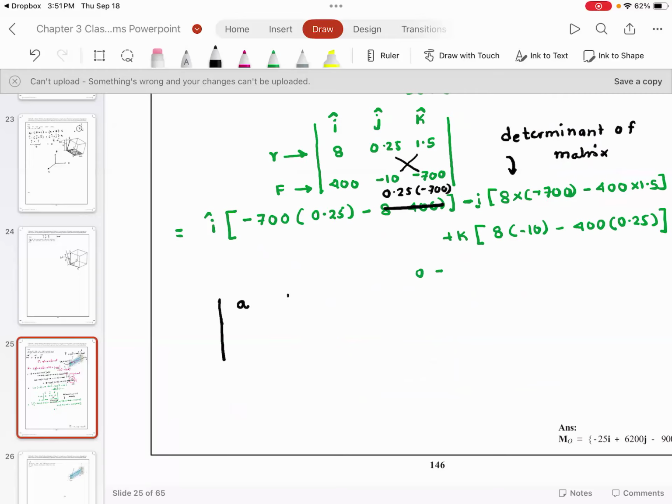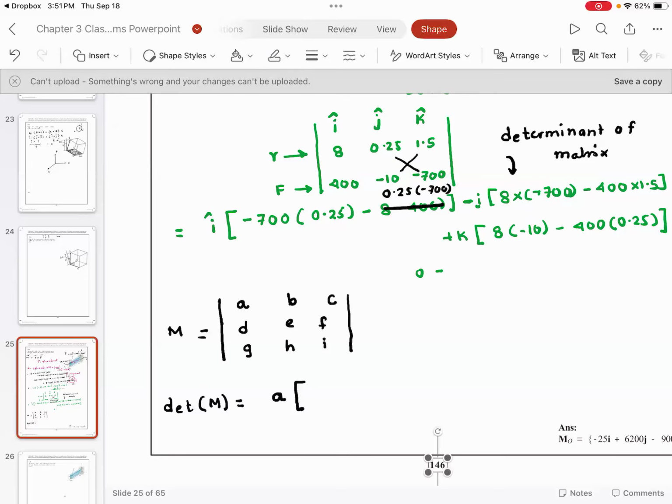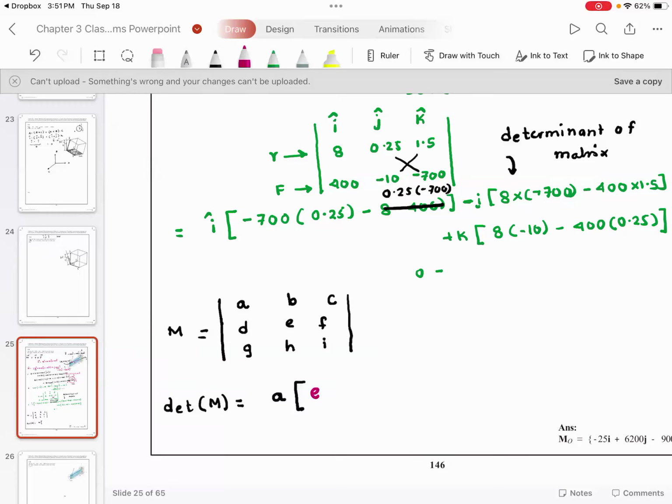You have A, B, C, D, E, F, G, H, I. This is your matrix, say M. And you want to find out the determinant of M. Please remember, the determinant of M is A times (E times I minus H times F).